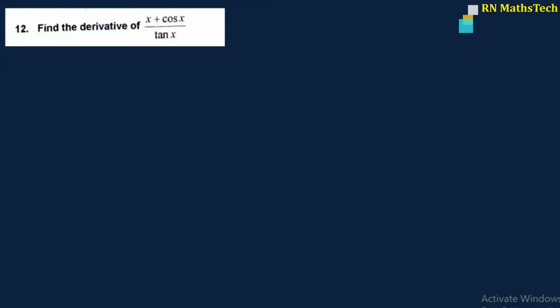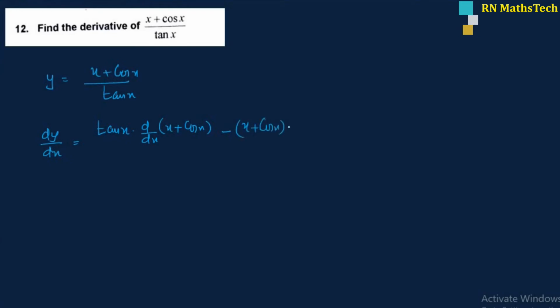Next, find the derivative of (x plus cos x) divided by tan x. So let y is equal to (x plus cos x) divided by tan x. dy by dx equals tan x into derivative of (x plus cos x), minus numerator (x plus cos x) into d by dx of tan x, the whole divided by tan square x.